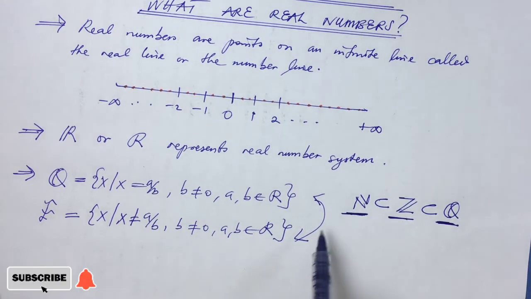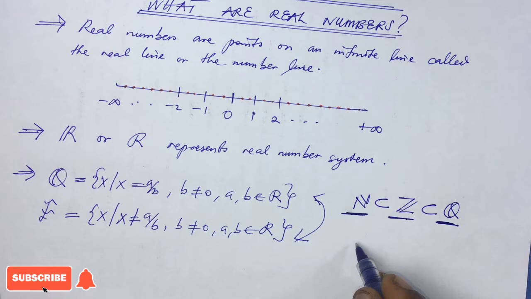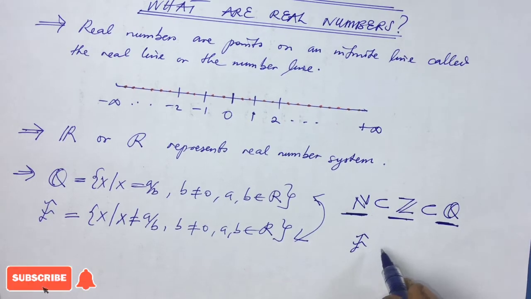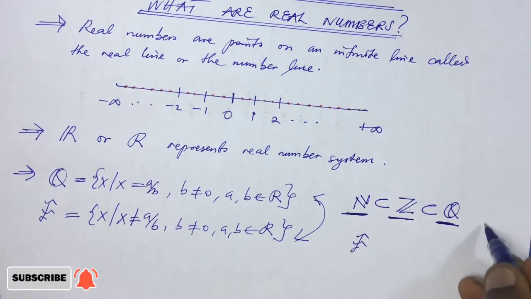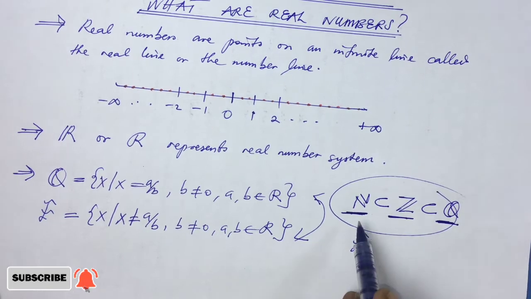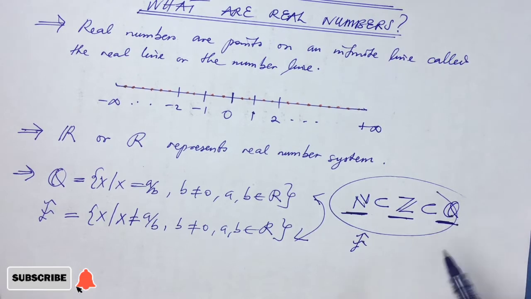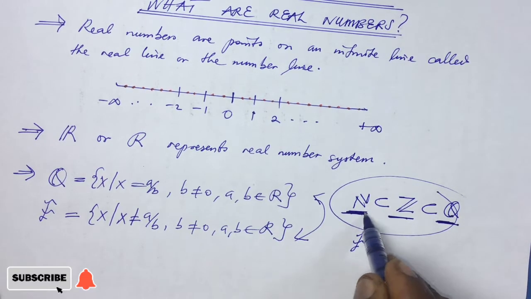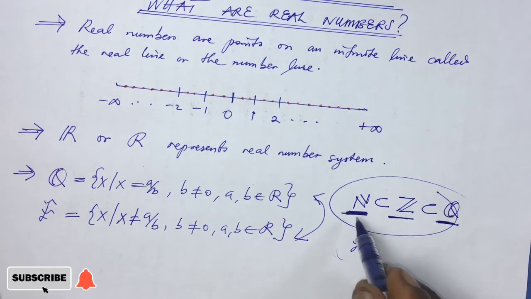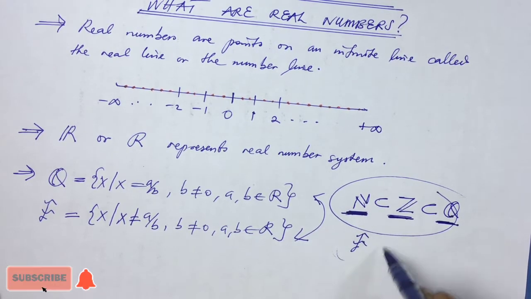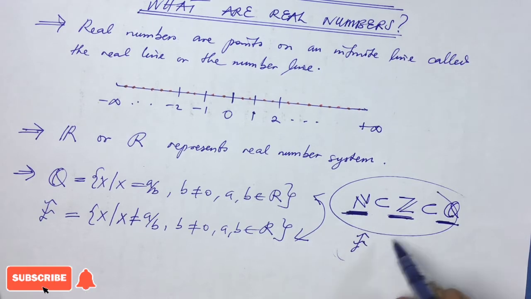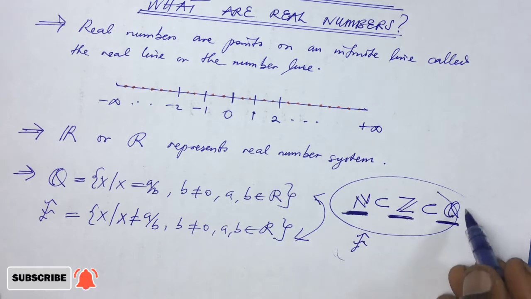Now, unlike this case, the irrational number system is not a subset of any of these sets. So you cannot find the irrational number system as a subset of the rational number system. Neither can you find the natural number system. The natural number system is not found in the irrational number system. The integers are not found in the irrational number system. The rational numbers are not found in the irrational number system.